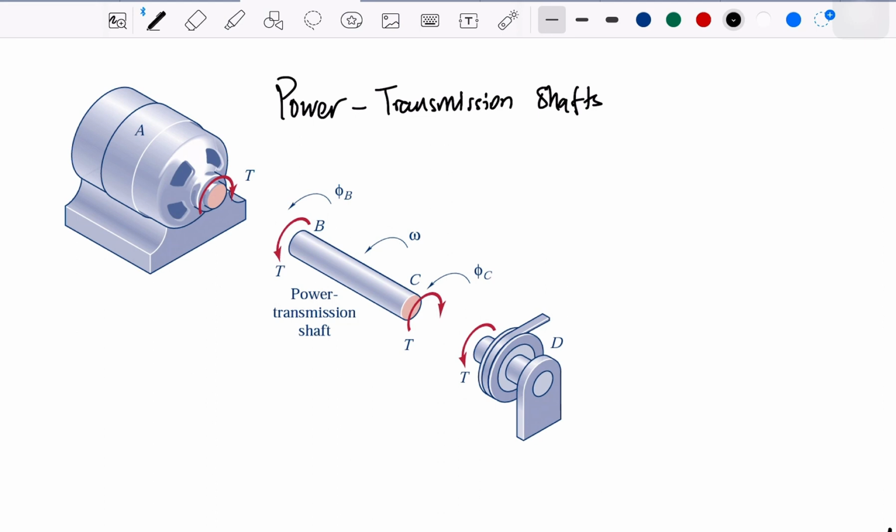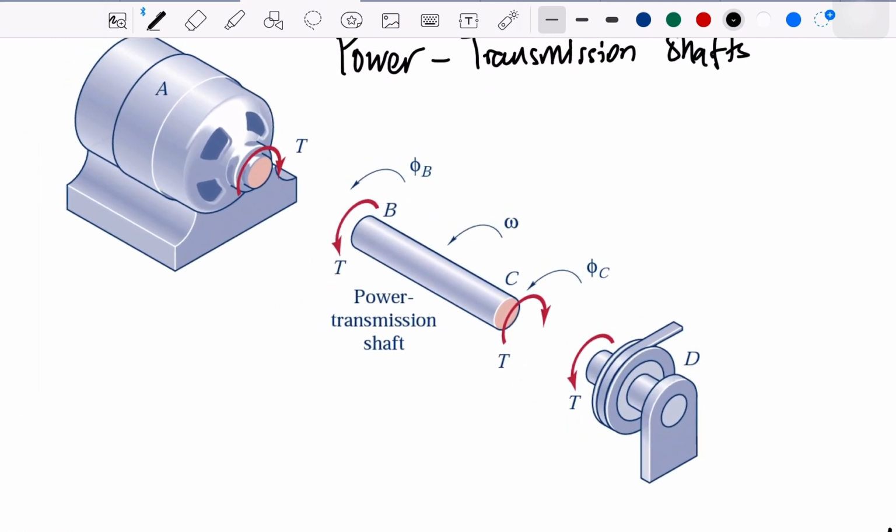And this can depend on this torsion. It can also rotate and have some work, right? So if you look here, we get torque, we get work, we get some deformations.